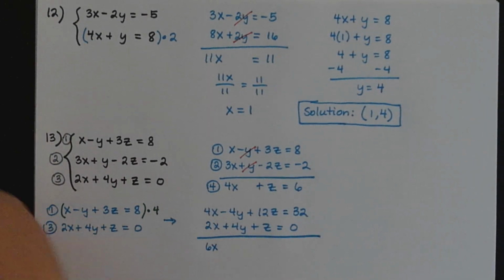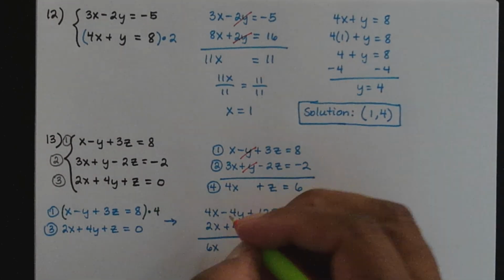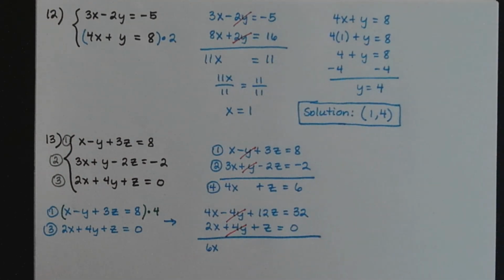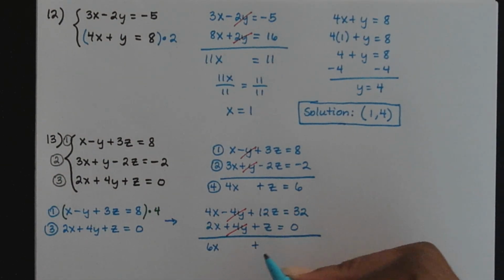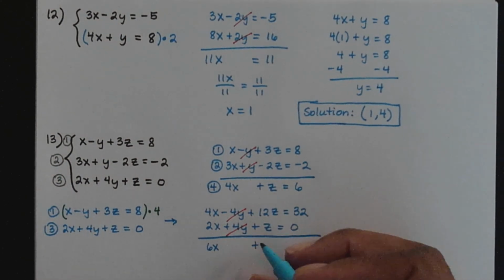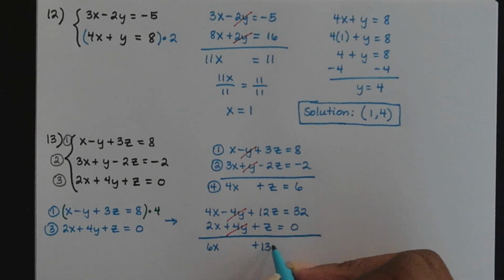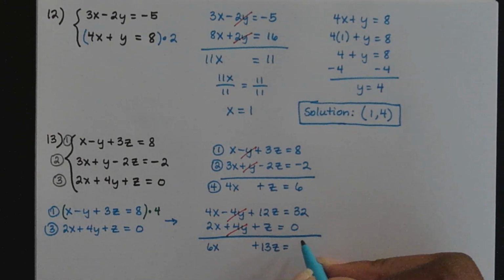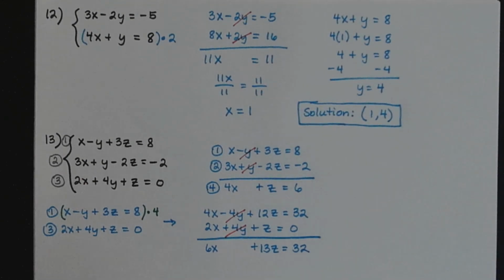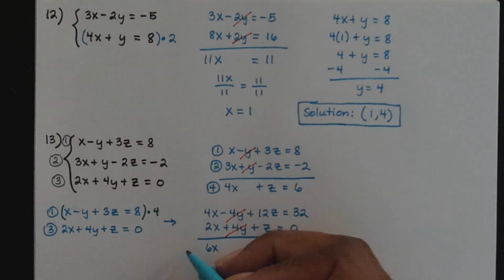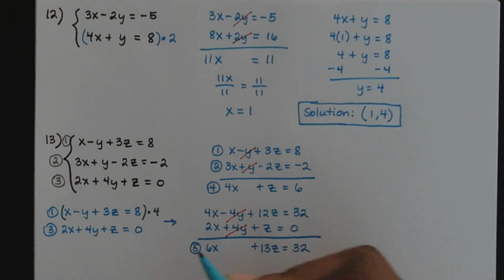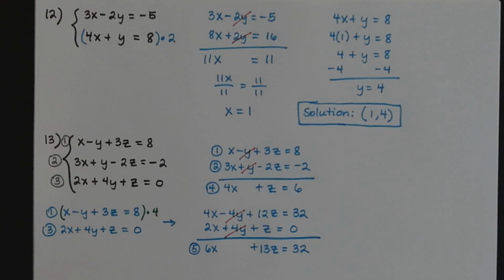Minus 4y and the plus 4y add to 0, so we can eliminate that. 12z plus z is 13z, and 32 plus 0 is 32. So here we got 6x plus 13z is equal to 32. This will be equation 5.